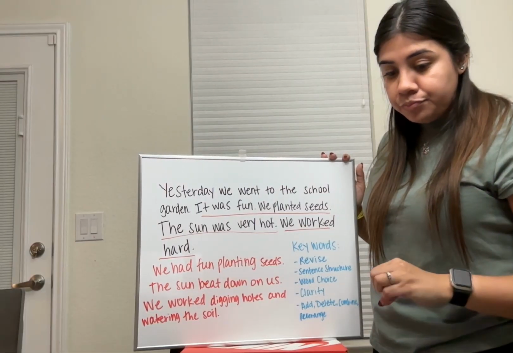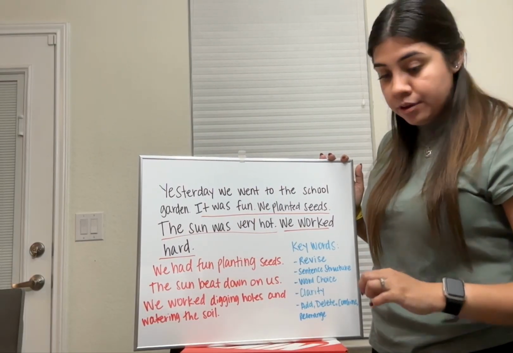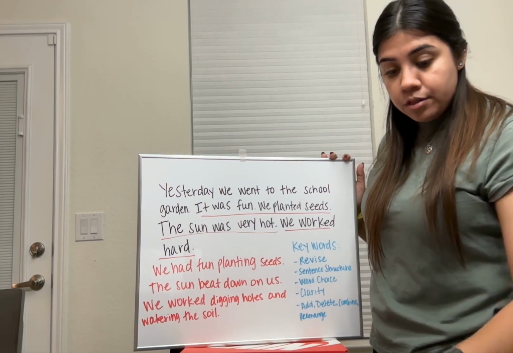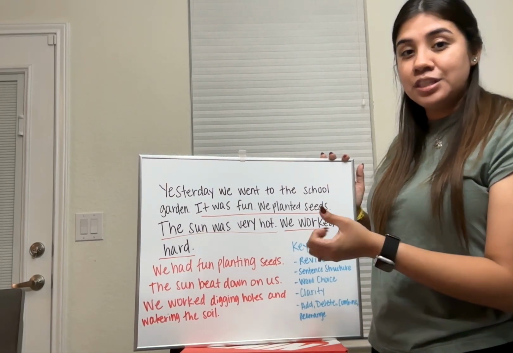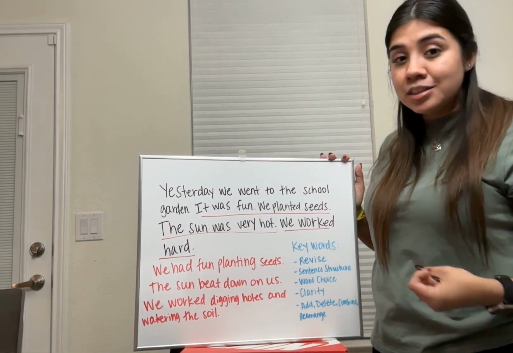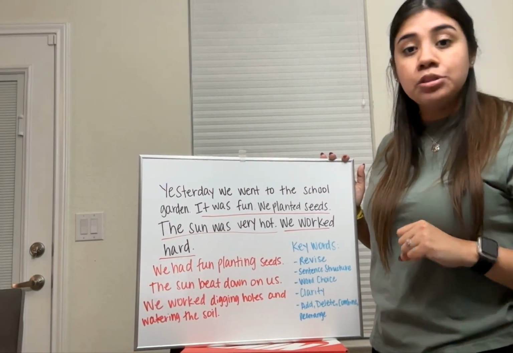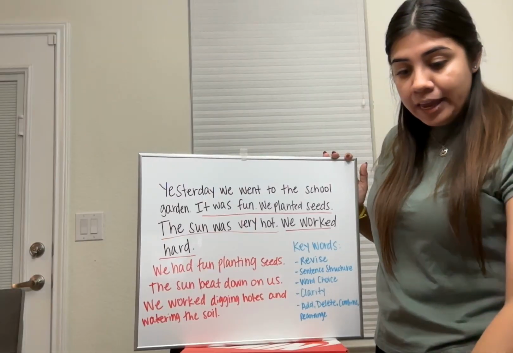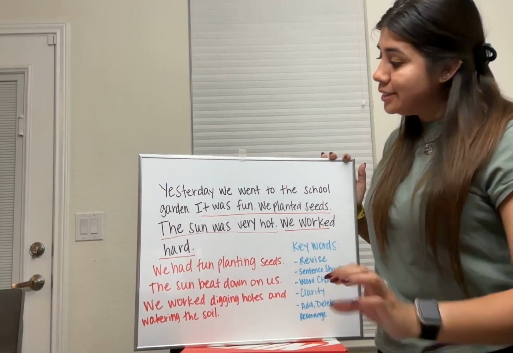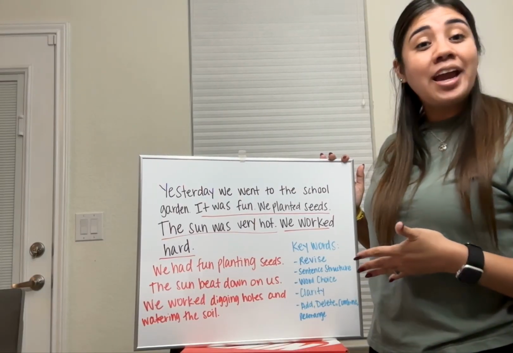Now, we have the revisions, right? We've done the revisions. We added here and there. We clarified some things. We added some details. We even made stronger choices with our words. And notice how we didn't erase anything, right?